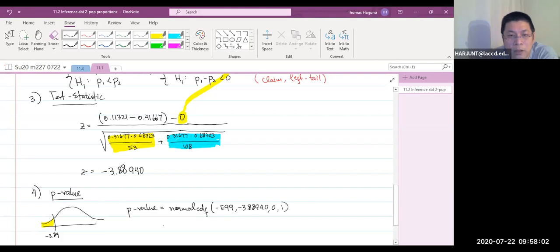I think that's very, very small. Yeah, I get 0.0000502659. But if I round it to 5 decimal places, that's 0.00005.